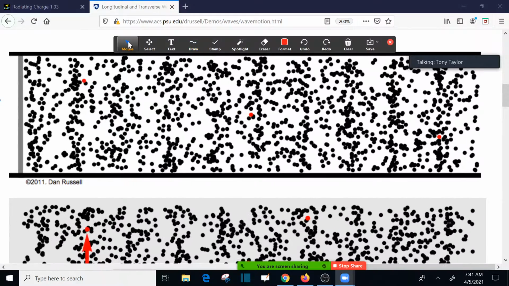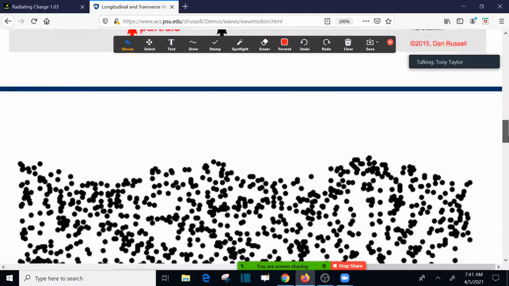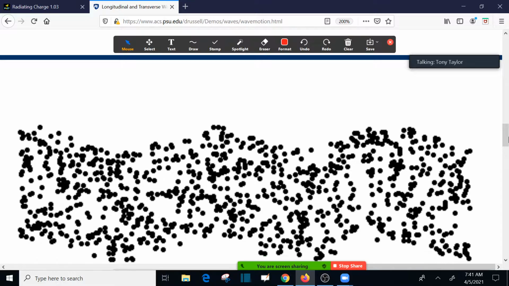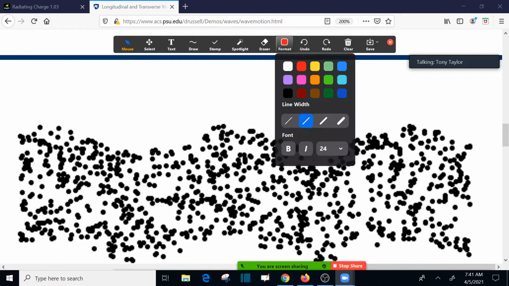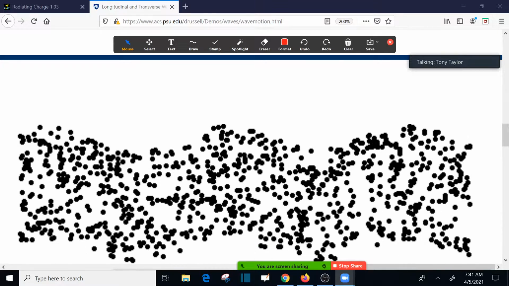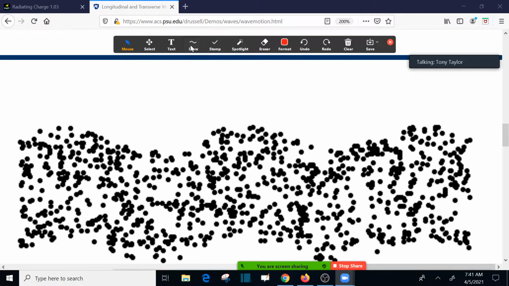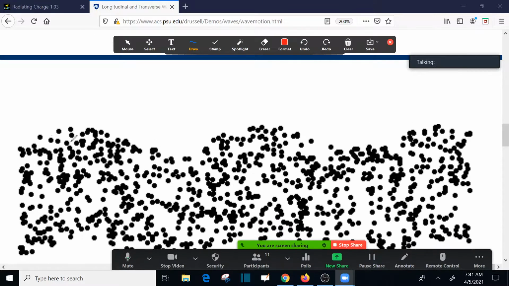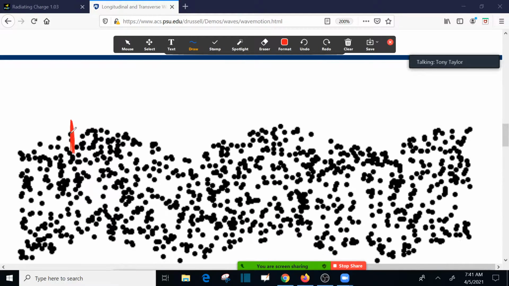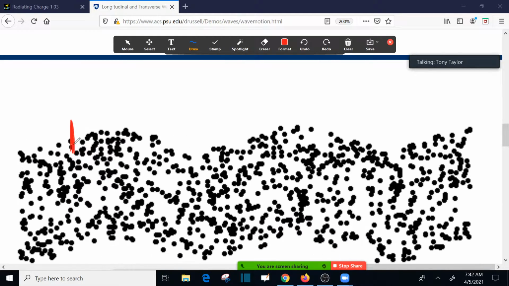But notice how that's different for the transverse wave. For the transverse wave, the oscillation is perpendicular to the direction of wave propagation. In fact, guys, look at one of these particles along this wave here. Notice how that particle goes up and down along that line that I've drawn.